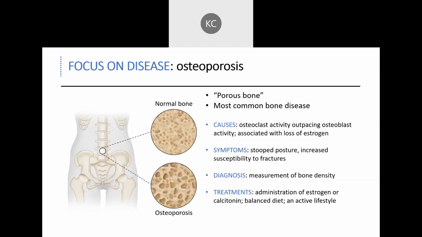Weight bearing activities do not include things like biking. That's not really a weight bearing activity. Swimming, although very good for you, is not really a weight bearing activity. So something where you're walking, moving around physically, putting mechanical stress and force on your bones, that's going to drive calcium into the bones.